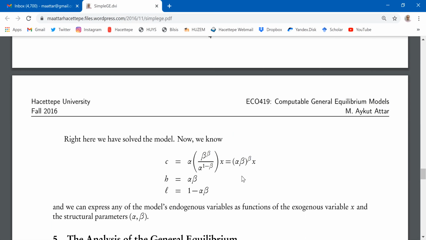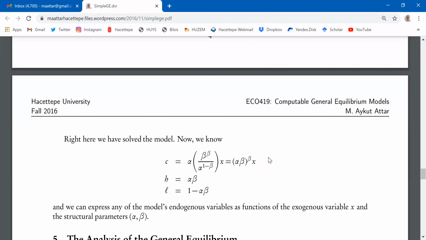For instance, consumption becomes alpha beta to the beta times X. So in an economy that is more productive, people can consume more, which is expected because incomes are larger with higher productivity.